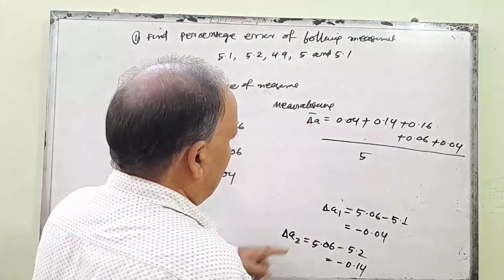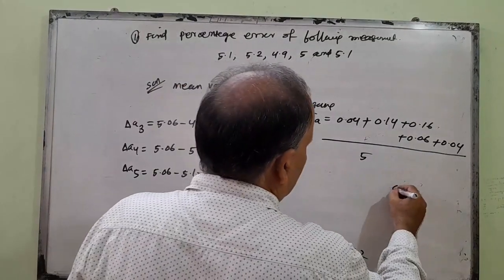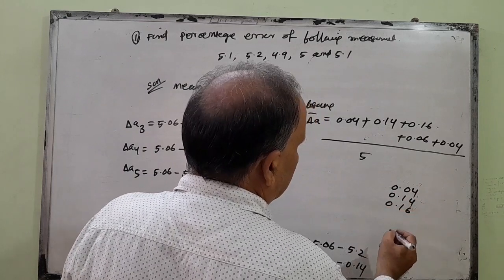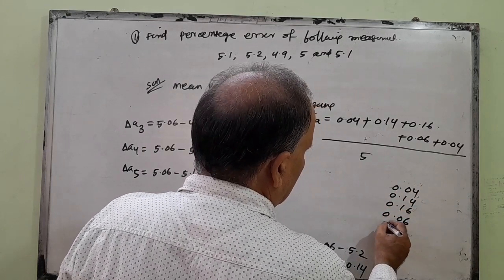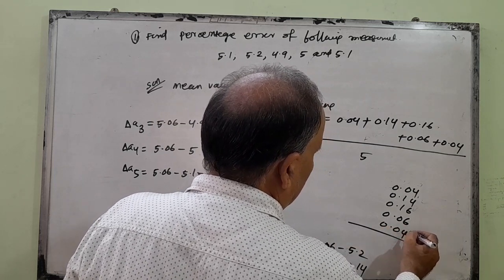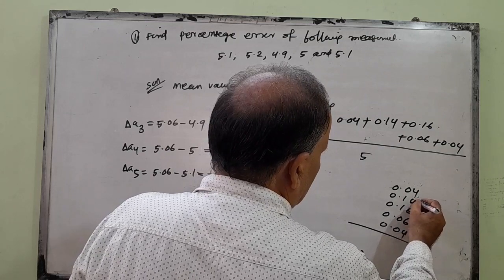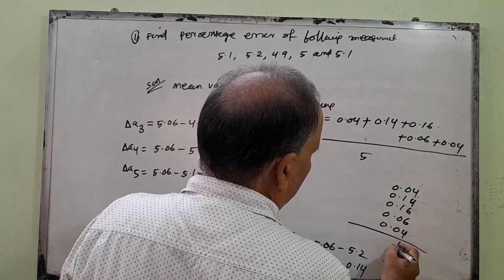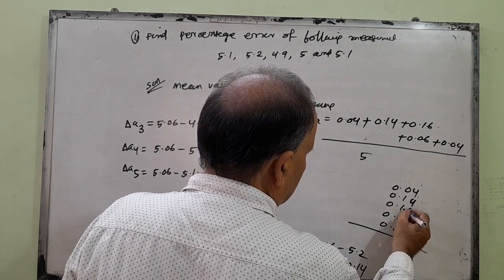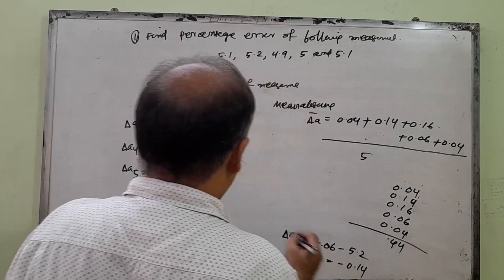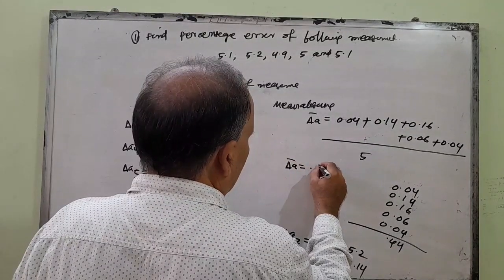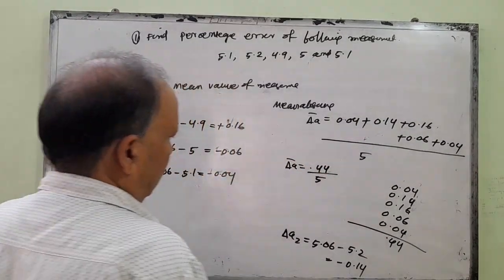You take the absolute value of all the measurements, that is 0.04 plus 0.14, 0.16, 0.06 plus 0.04. That is 0.44. So delta A bar is equal to 0.44 divided by 5.